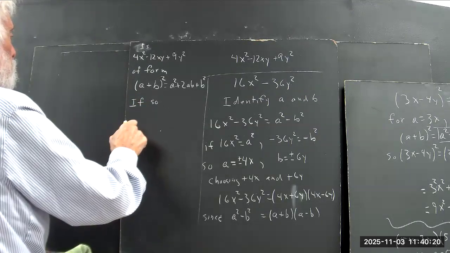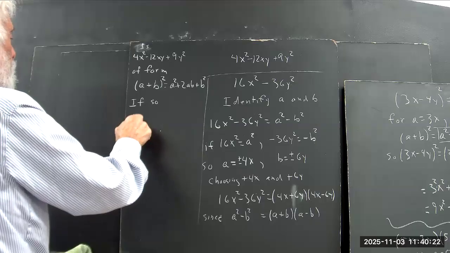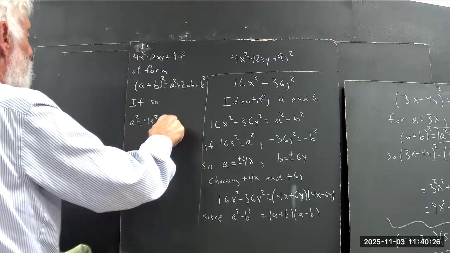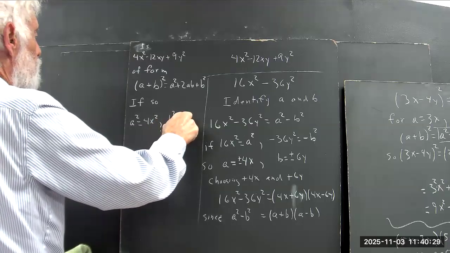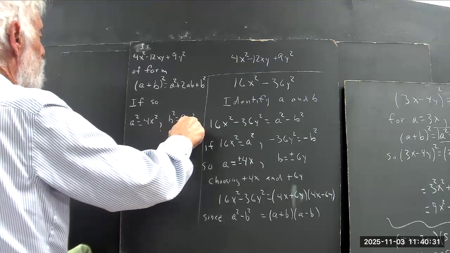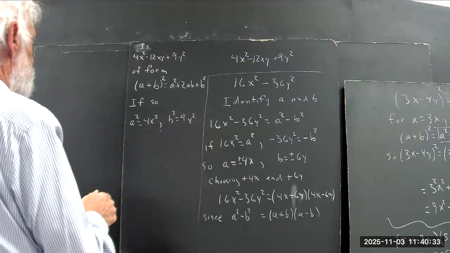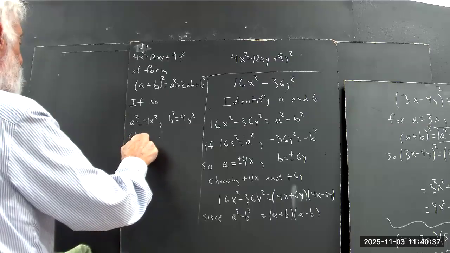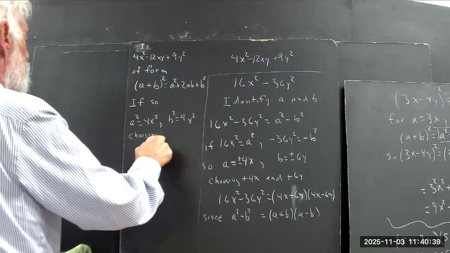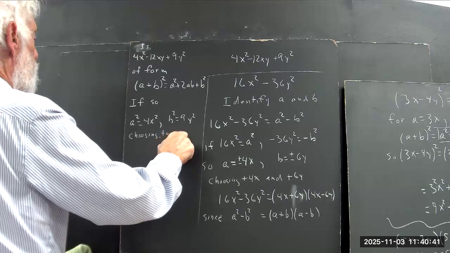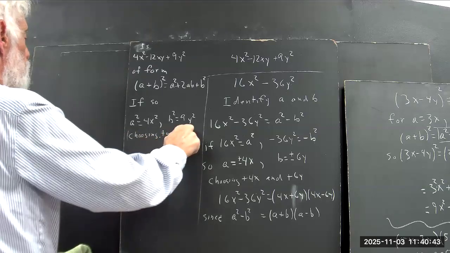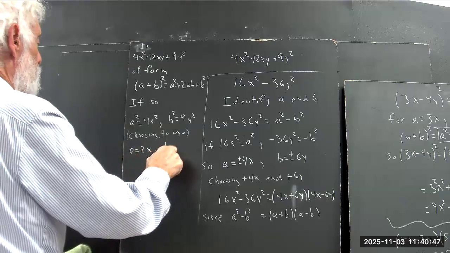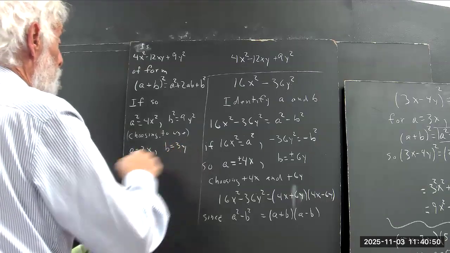If so, A squared equals 4x squared, B squared equals 9y squared. Choosing to use A equals 2x and B equals 3y.